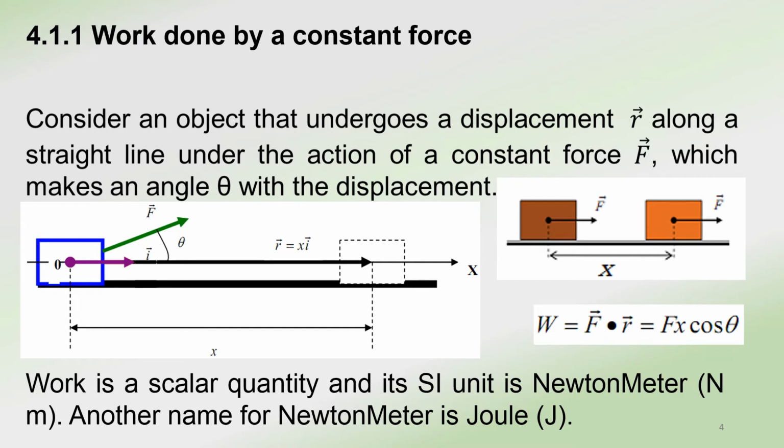Then we have 1 joule as the unit of the work done, equal to 1 Newton force acting on a body of mass m in order to move it through a distance of 1 meter. Then 1 Newton meter is equal to 1 joule. This is a fundamental equivalency between joule and Newton meter as a unit of work.